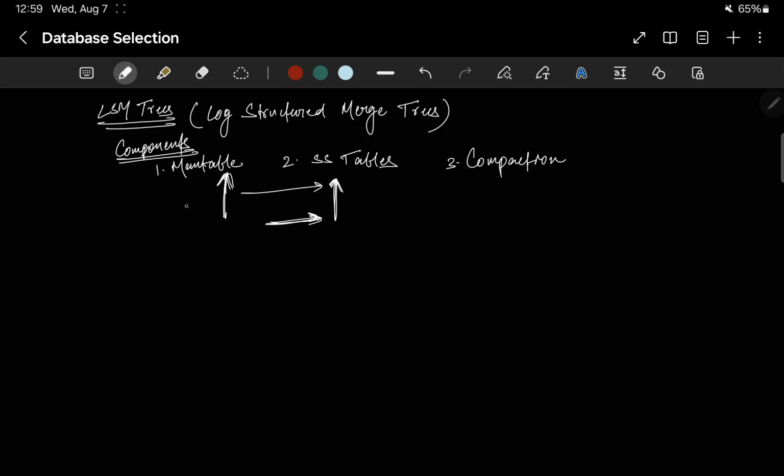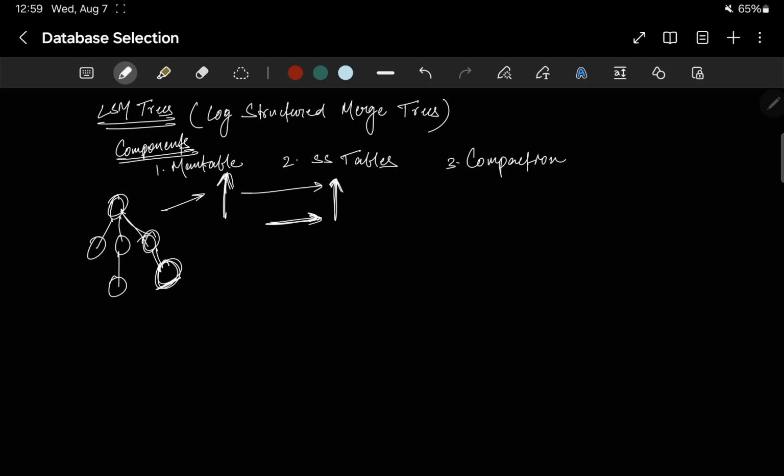If you have to just write to the memtable, LSM tree is basically a tree, so if you write something, it creates a new node and writes to it. So it's easy to write, right? It will just find where to add a new node and write it. So that's why write is very fast here.